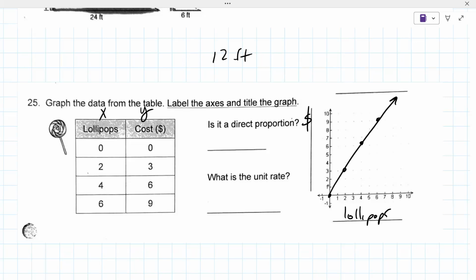So yes, it is direct proportion. Right, and for the unit rate, you probably want to use this line here for that. And 2 to 3, 2 divided by 3.